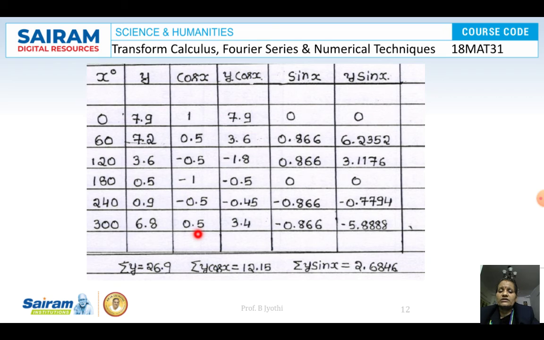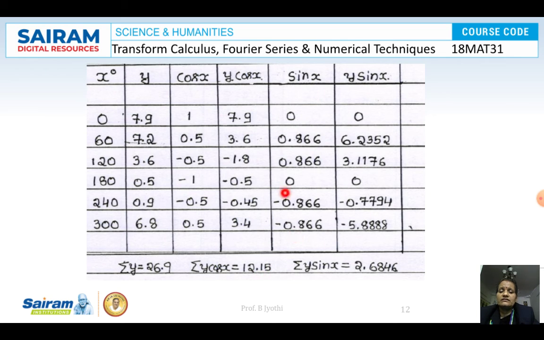This is to be calculated. And next we need to calculate y into cos x, that is multiplying the terms of y and cos x. 7.9 into 1, 7.2 into 0.5 gives us 3.6 and so on. And for this also we need a sum, that is 12.15.